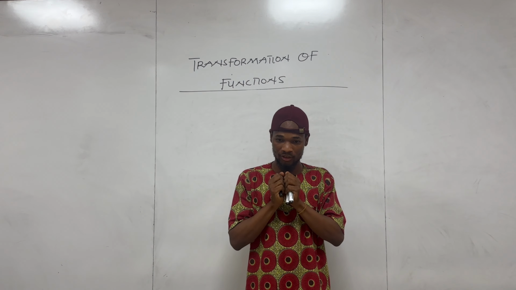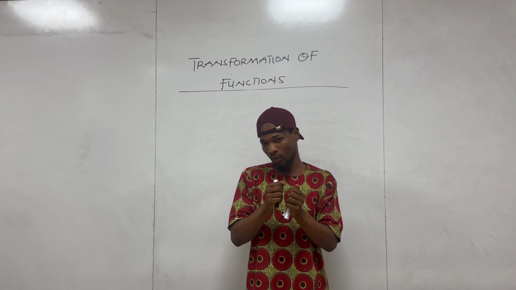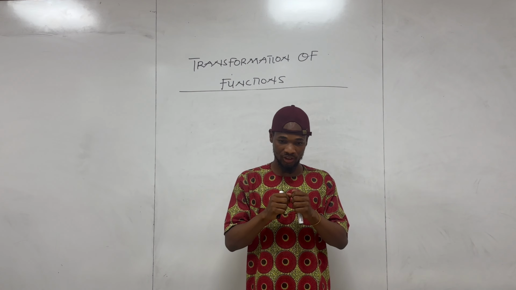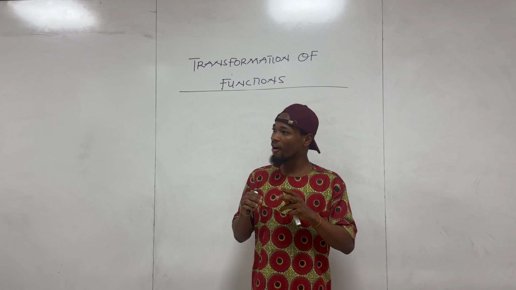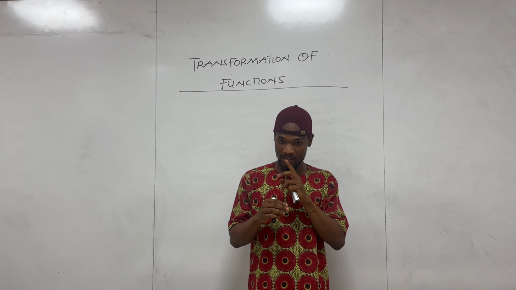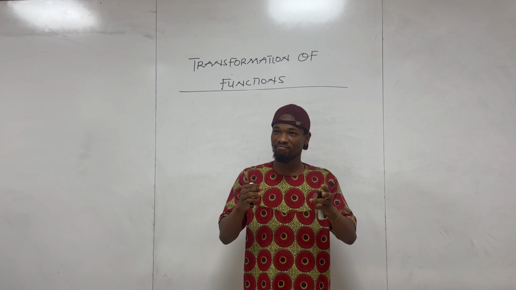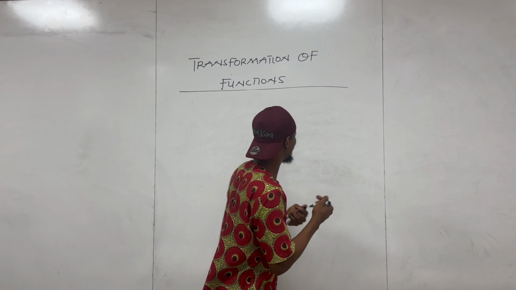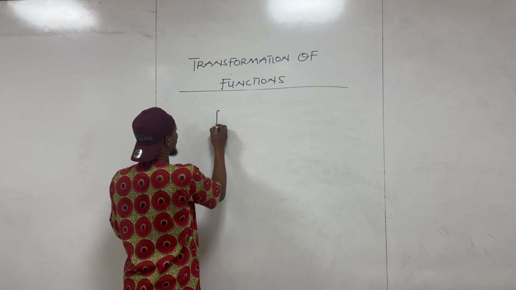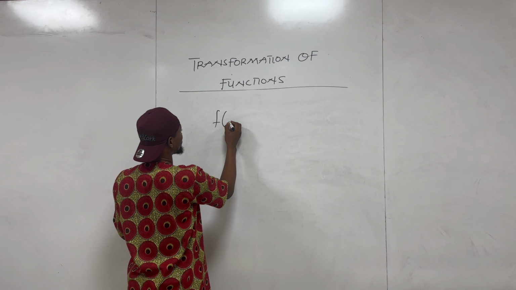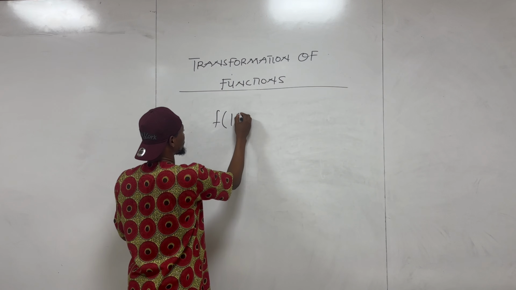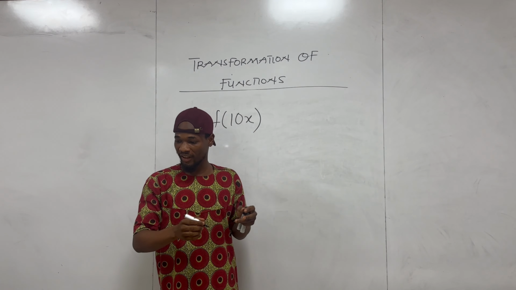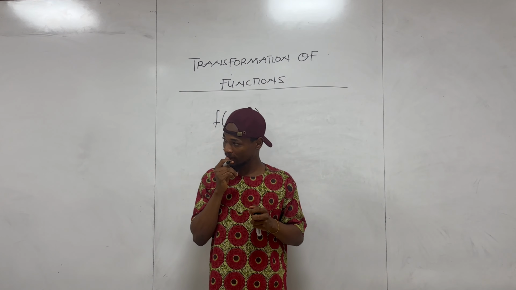Alright, so we are done with the vertical shrink and the vertical stretch. Alright, so let's consider the horizontal shrink and the horizontal stretch. So let's say if you have a function of, say, f of 10x, what does it mean? So we have f of 10x this way.